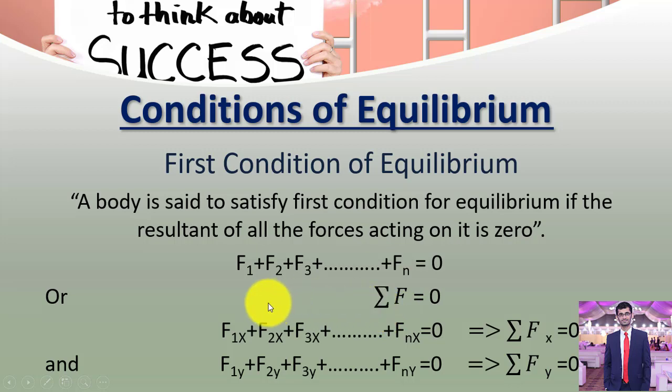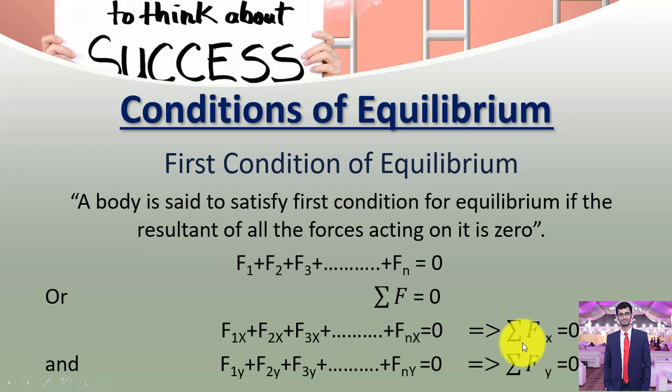Now, if we explain the first condition of equilibrium in case of horizontal and vertical forces, then we can explain it as the sum of all the forces acting along the x-axis, that is F1x plus F2x plus F3x plus so on plus Fnx must be equal to 0.